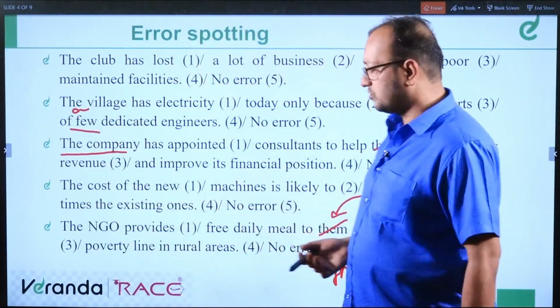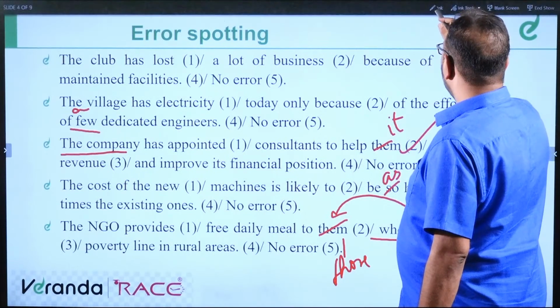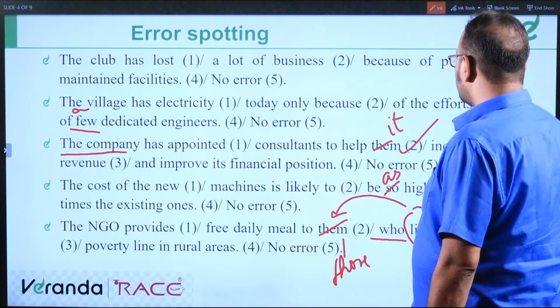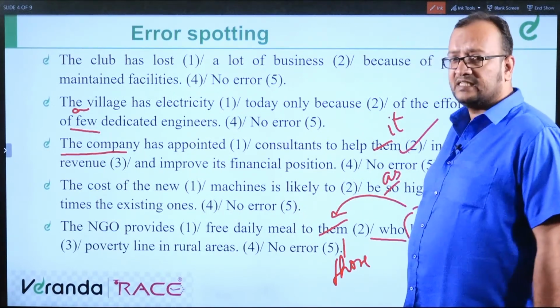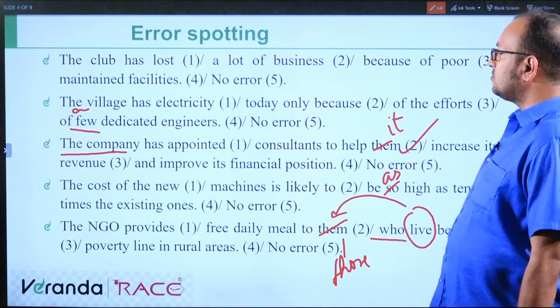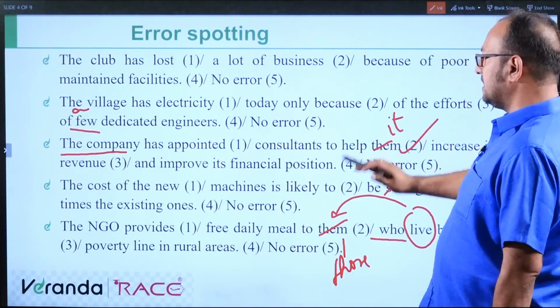So let's discuss that also. The club has lost a lot of business because of poor maintenance facilities, poorly maintained facilities. That's a very good question, Ranjit. I really appreciate you.